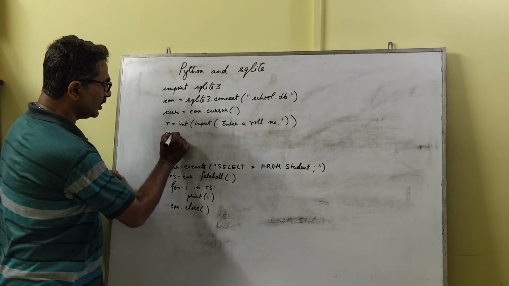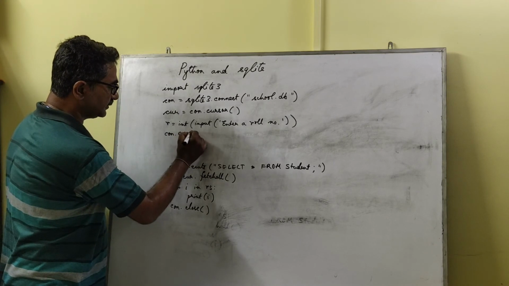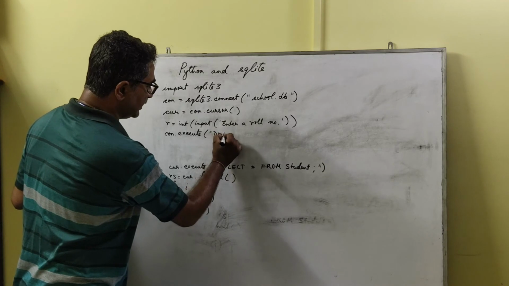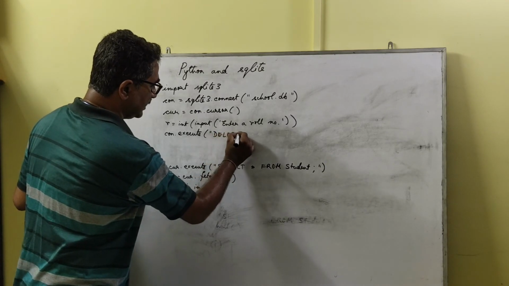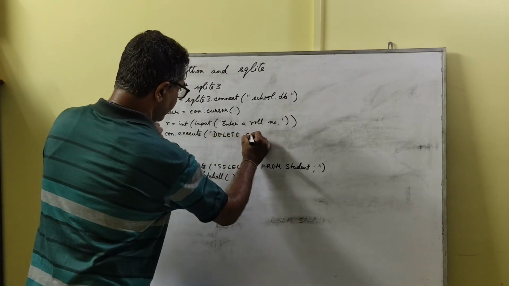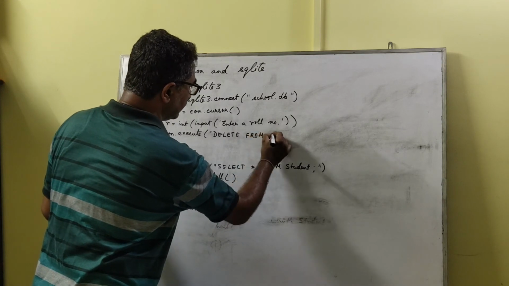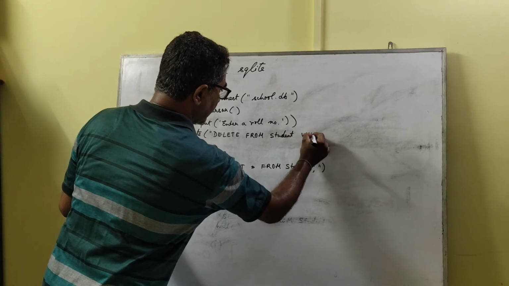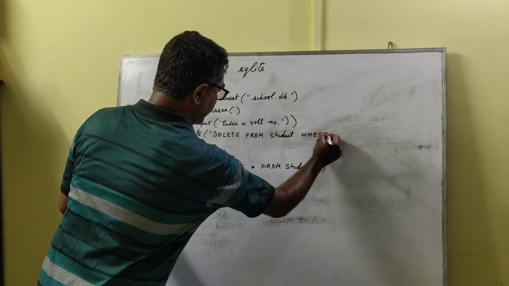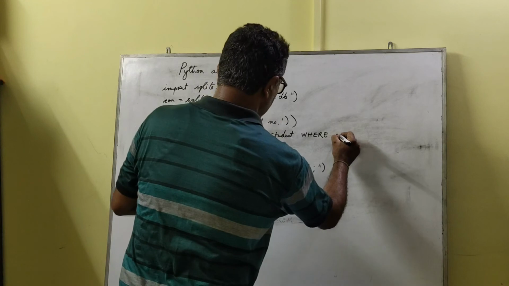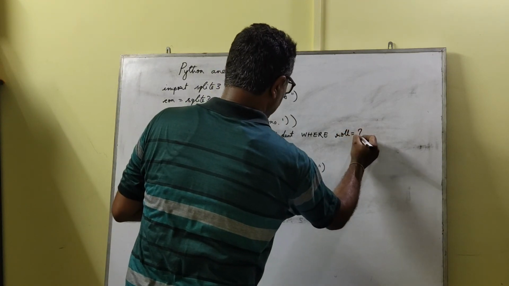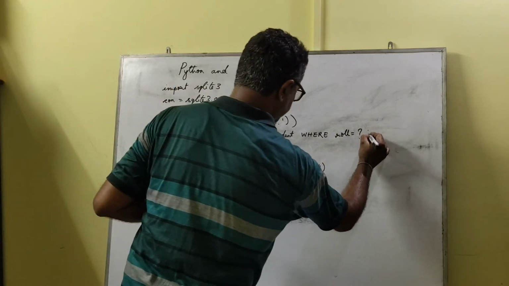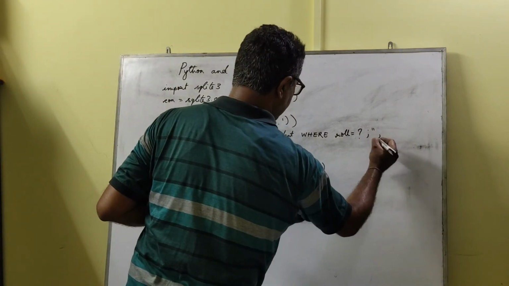So we'll use this con.execute once again. And here is the SQL query, delete from name of the table, that is student, where roll equal to, again question mark, because this is the r which we are supposed to put inside.